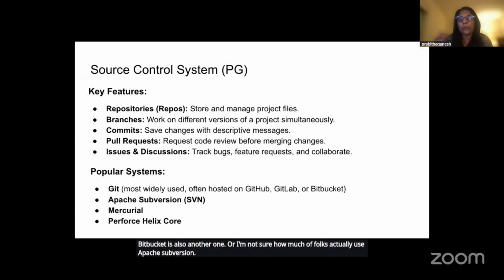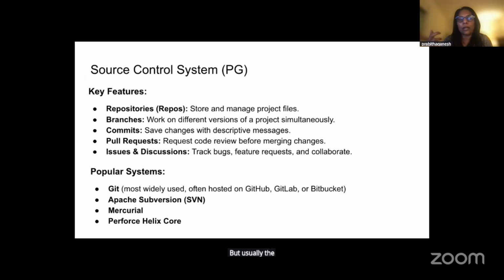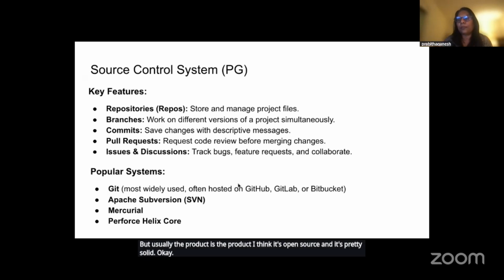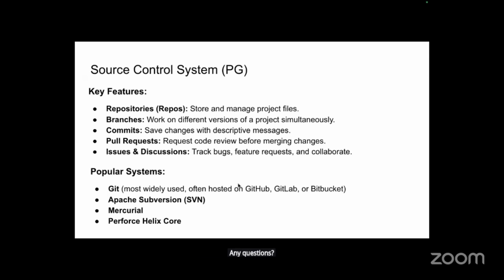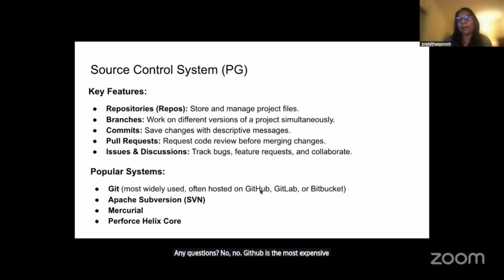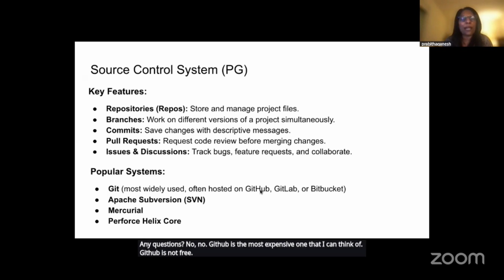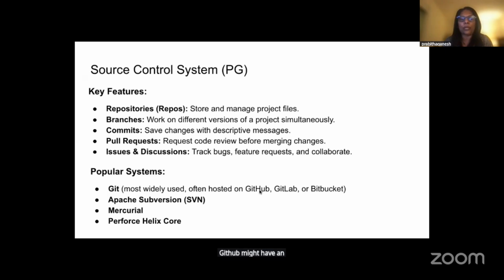So if you want to learn or get more hands-on, it could be any of these systems like GitHub, GitLab, or Bitbucket. Or Apache Subversion. I'm not sure how many folks actually use it, but I think it's open source and it's pretty solid.